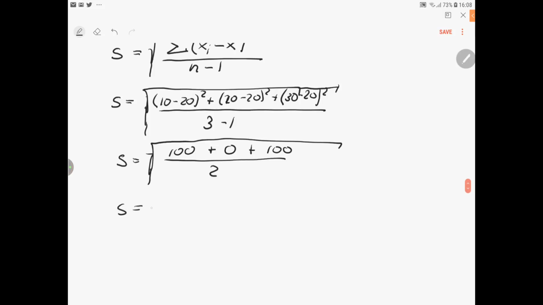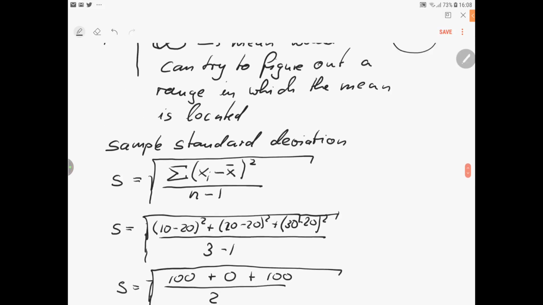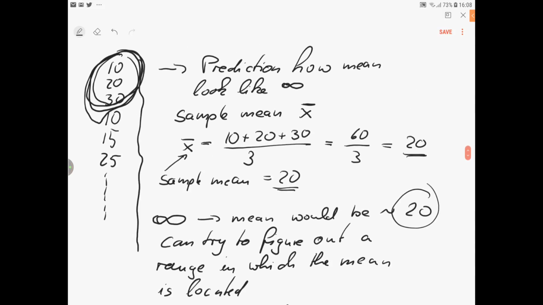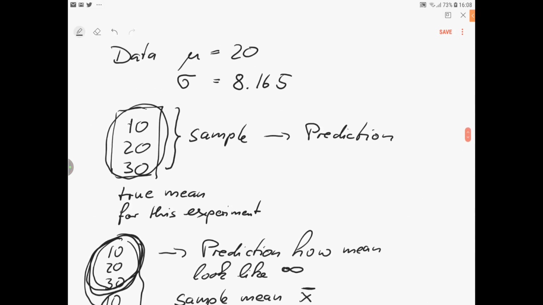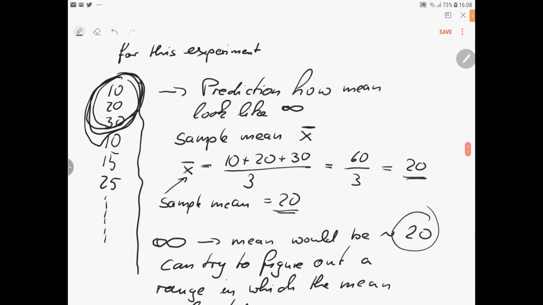So S equals square root of 200 divided by 2 equals square root of 100. S equals 10. So that is our standard deviation for the sample. Our sample standard deviation. And remember, when we looked at our population standard deviation, we had 8.165.